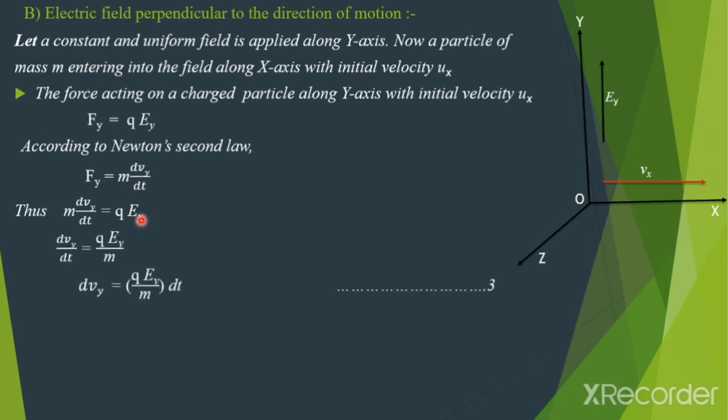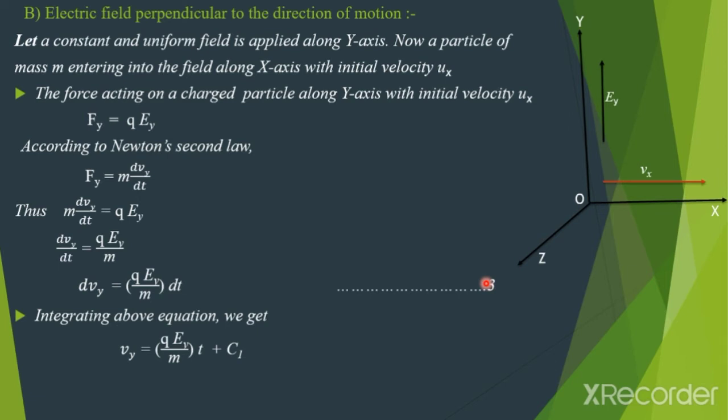The same equation can be written as dvy by dt equals Q Ey divided by m, or dvy is equal to Q Ey divided by m into dt. Call this equation 3.